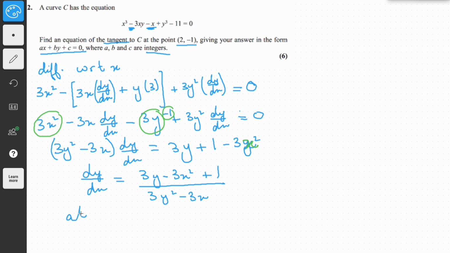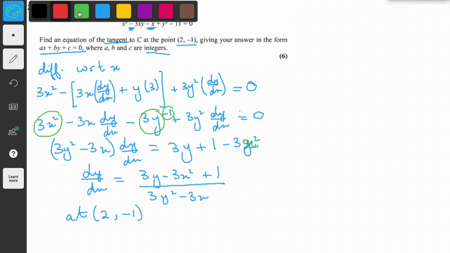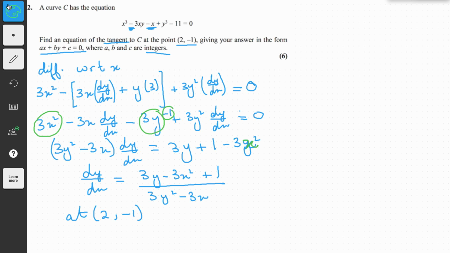And at the point (2, -1), dy/dx equals, in place of y, I'll write negative 1, and in place of x, I'll write 2. So it's 3 times negative 1 minus 3 times 2 squared plus 1 over 3 times negative 1 squared minus 3 times 2.